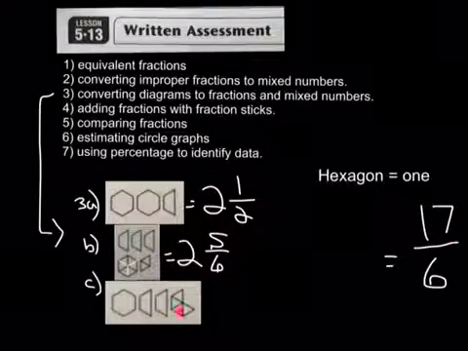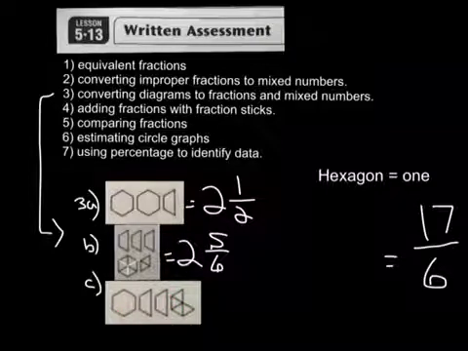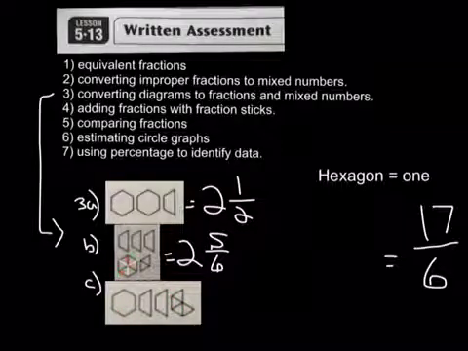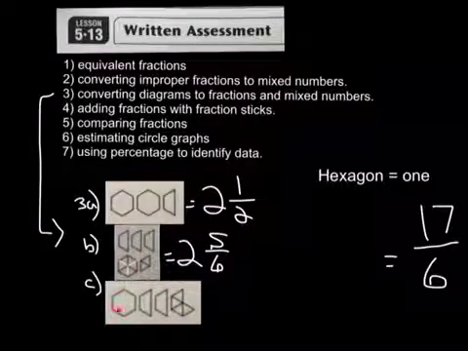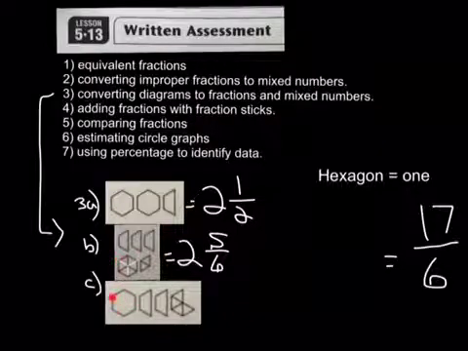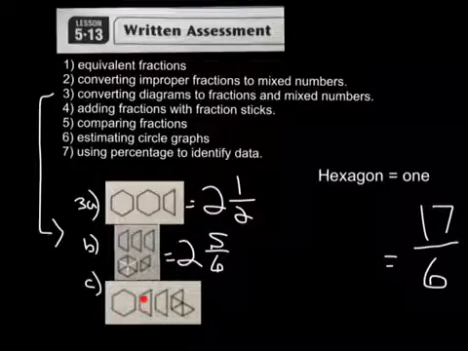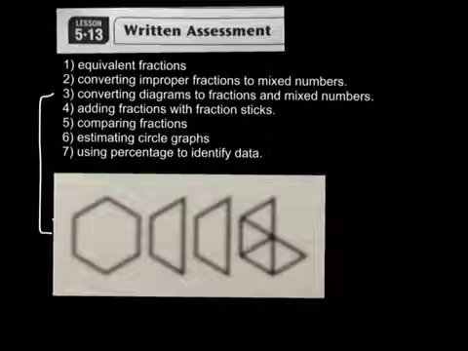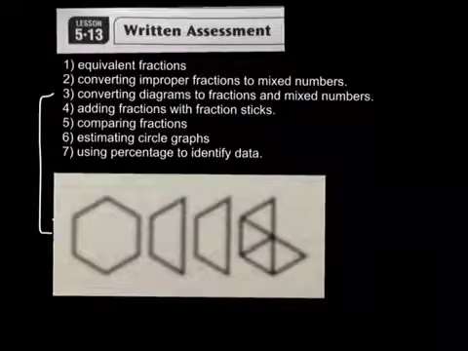Use the same method to solve the bottom one. You know that we have 6 little triangles inside a hexagon. 6 triangles inside a hexagon. We have 3 in the halves, and over here we have 4. So our denominator is going to be 6, and then how many triangles do we have in total? As we did before, go ahead and cut them out.